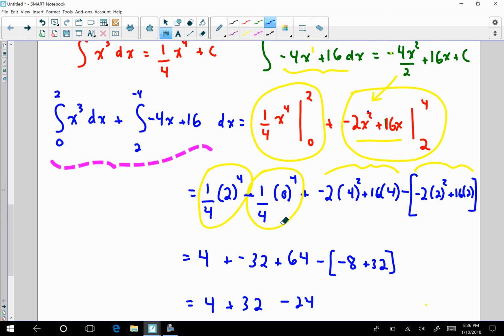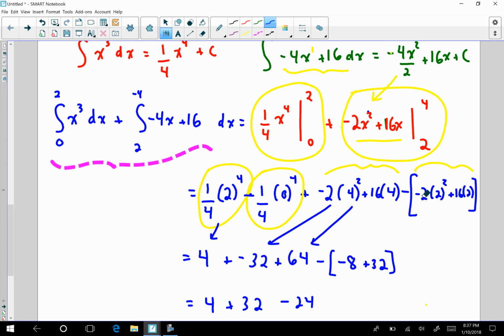This term is really easy. It zeroes out. 2 to the 4th is 16, divided by 4 is 4. I will let you do the arithmetic here. If you need to pause, that's okay. Negative 4 squared is 16, times negative 2 is negative 32. 16 times 4 is 64.